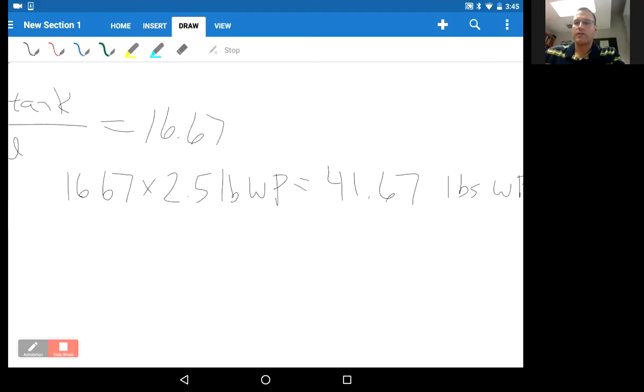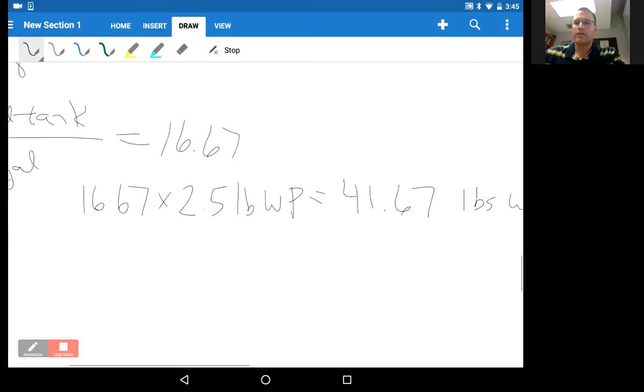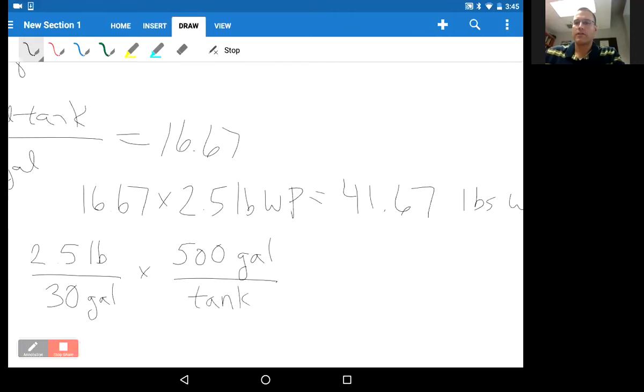Well, we know we're using 2.5 pounds per 30 gallons, and we need to take this times 500 gallons per tank. If I do this, get the gallons to cancel out, we'll be left with how many pounds we put in a tank.